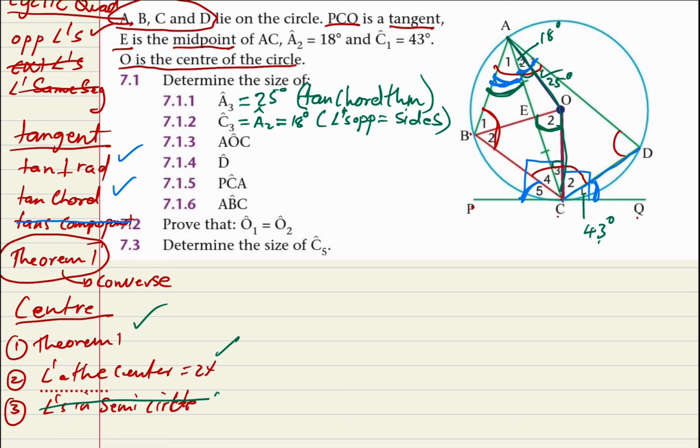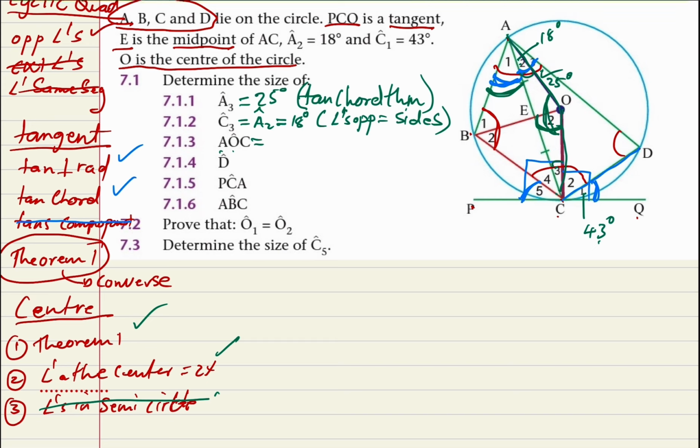Then we continue. They say AOC. The whole of A. How can I find the whole of A? I have this one, I have this one. So that is the sum of angles of a triangle. So this is going to be 180 degrees minus 18 minus 18.